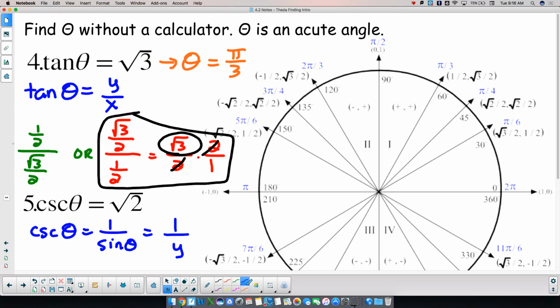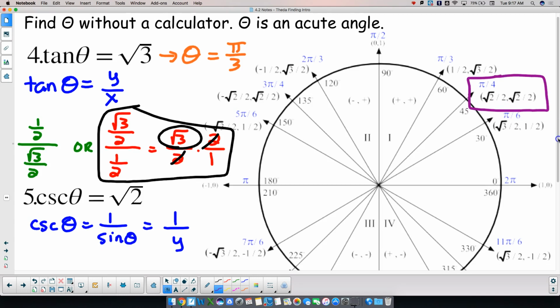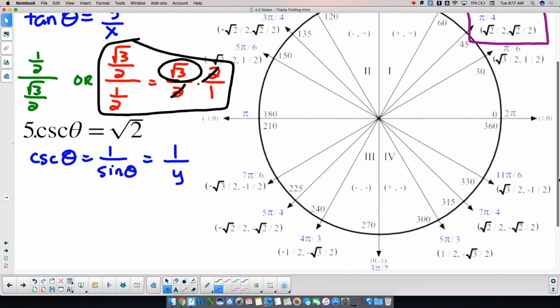So since cosecant is 1 over y, and I'm dealing with the square root of 2, the only one that has a square root of 2 in it is pi over 4. So we need to basically check to see if 1 over the square root of 2 over 2, if that fraction is equal to the square root of 2.